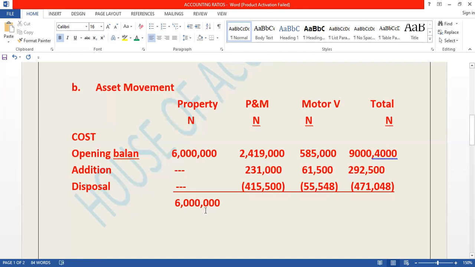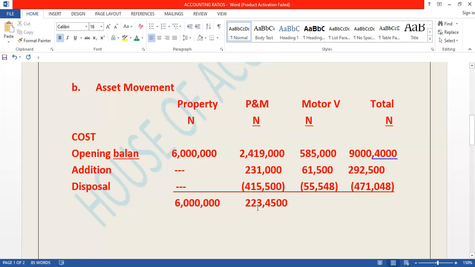So add the first two, take away the third one. 2,419 plus 231 minus 415. What do we get? 2,234,500.